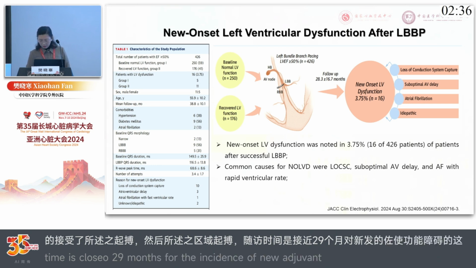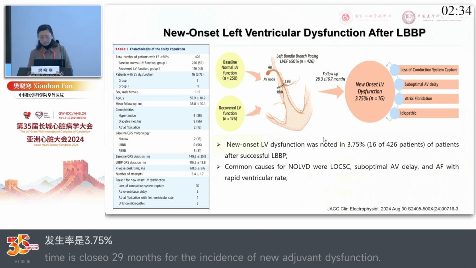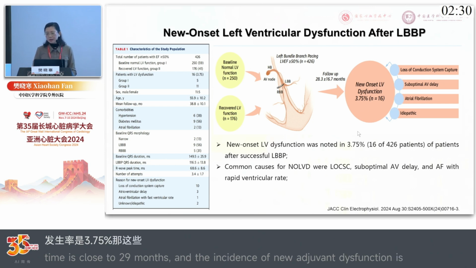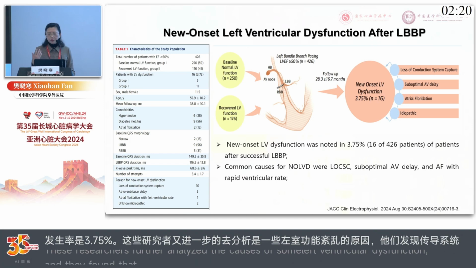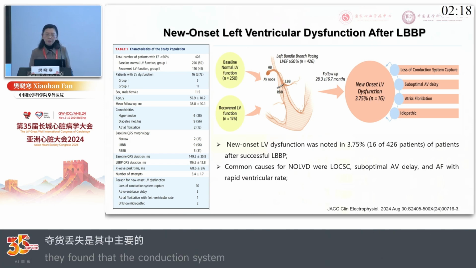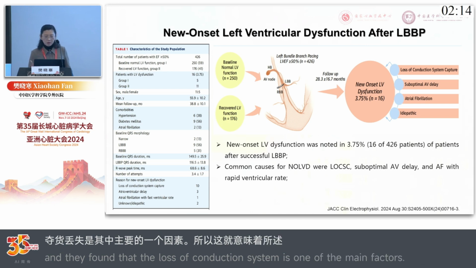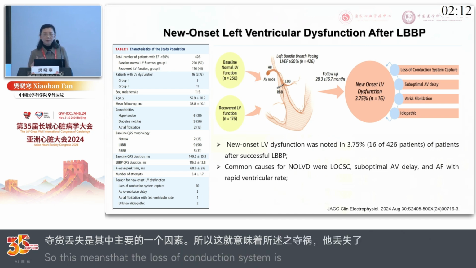When they see the cause of the new onset LV dysfunction, they found the loss of conduction system capture is the main risk factor. That means if the left bundle branch capture was lost, the LV function will be decreased.